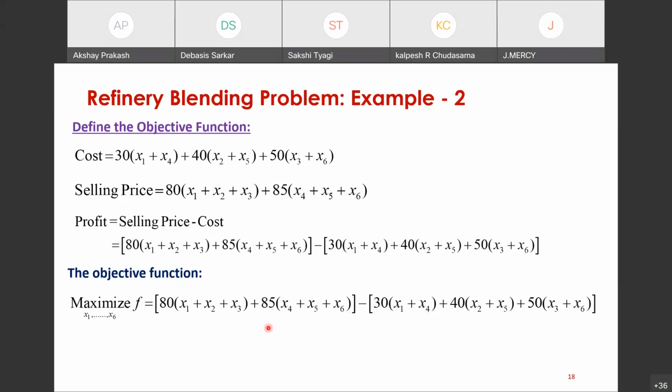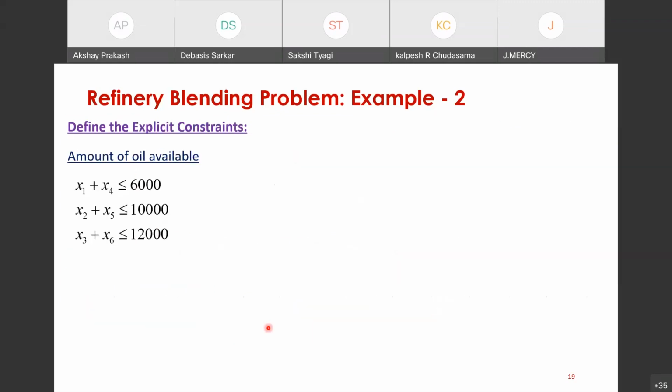Here, now you write down the constraints. So the constraints on availability are straightforward. Just remember that X1 and X4 are the total of crude oil A required for making regular as well as premium petrol. Similarly, X2 and X5 for crude B, and so on.